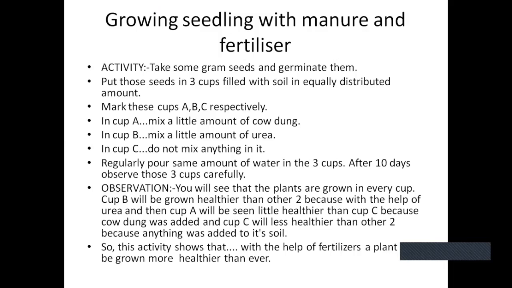So now this is again an interesting activity that you will be doing in your home. What is this activity? Growing seedlings with manure, fertilizer and regular soil. Means in this activity you're going to take three different cups, in which one cup contains your regular soil, the second contains manure, and the third contains fertilizer.